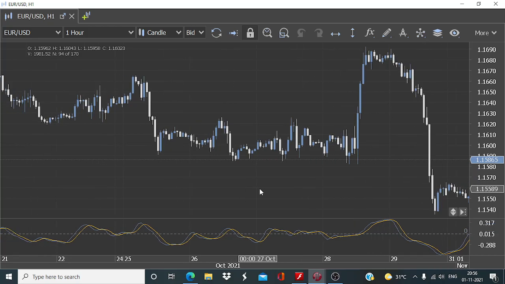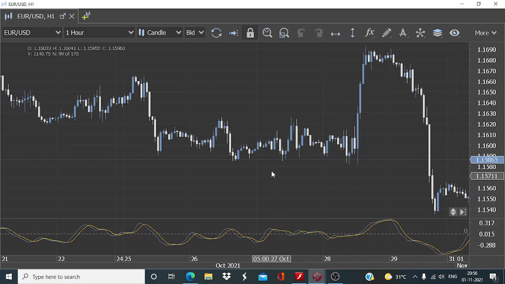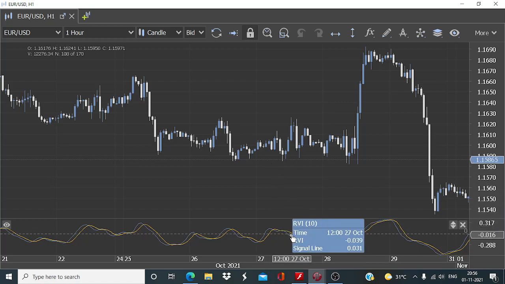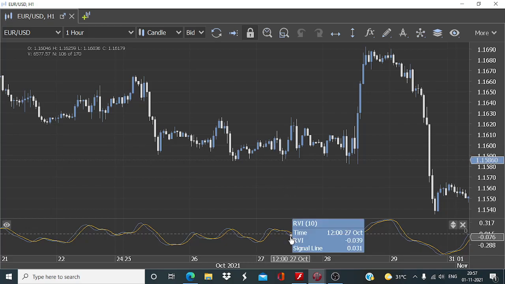So suppose, for example, here we have the crossover in place earlier, the RVI output is trading above zero and above the signal line, and after that it goes on to drop below these two parameters. But if we look at the difference between the hourly candle close, I think it is not as per the requirement of 20 pips, so no trade will take place.